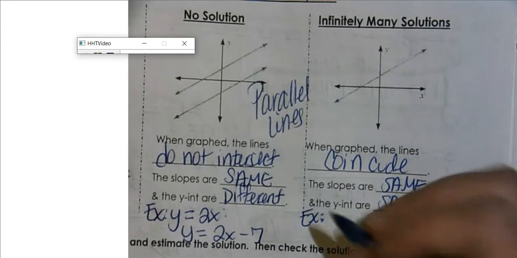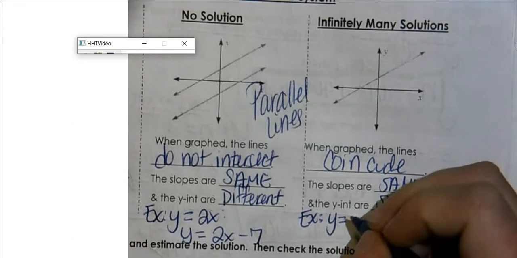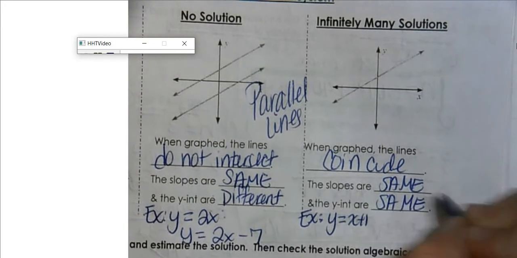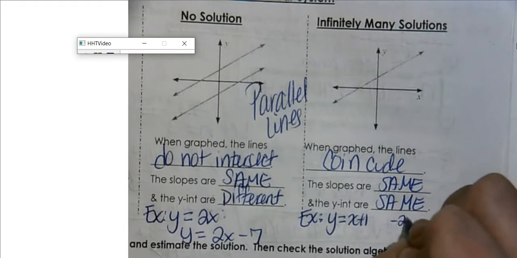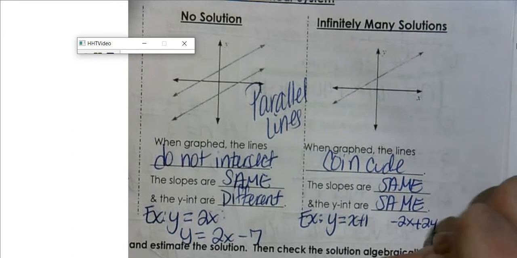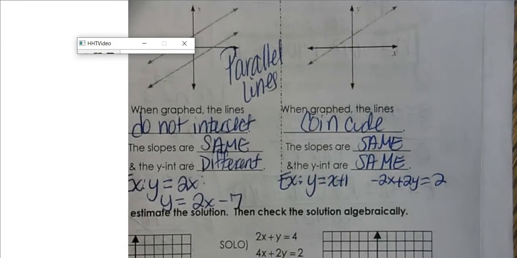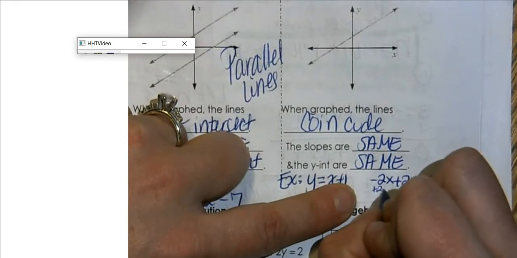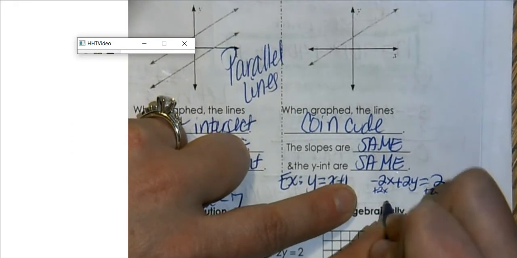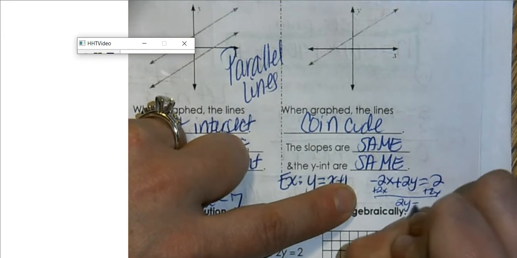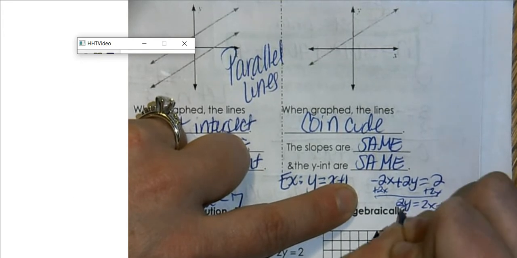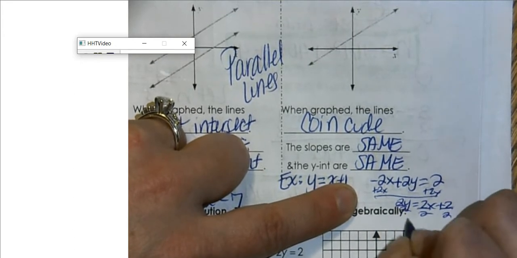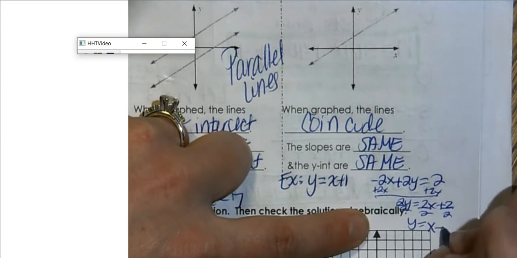For example, if you have something like y is equal to x plus 1 and something like negative 2x plus 2y is equal to 2. If we were to solve for y, we would add 2x to both sides. We would end up with 2y is equal to 2x plus 2, and then we would divide every single term by 2 to end up with y is equal to x plus 1.